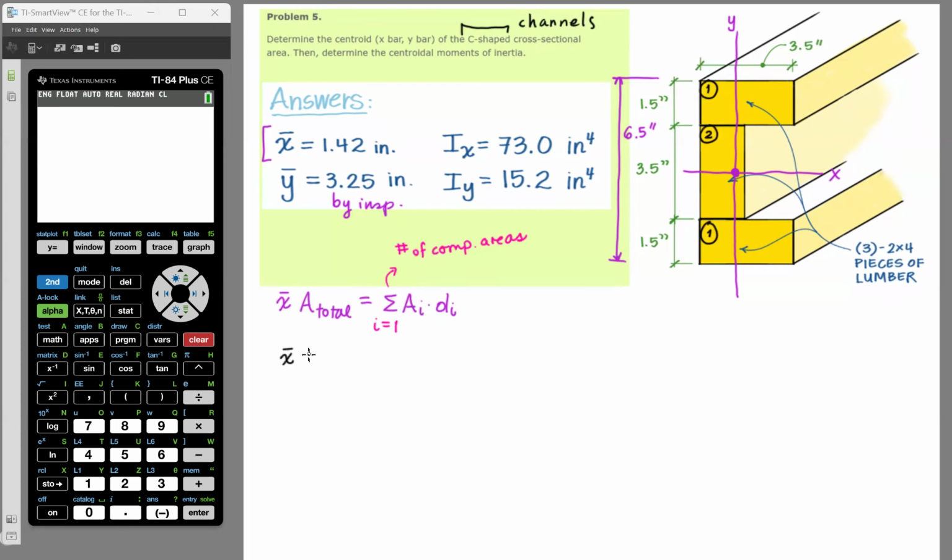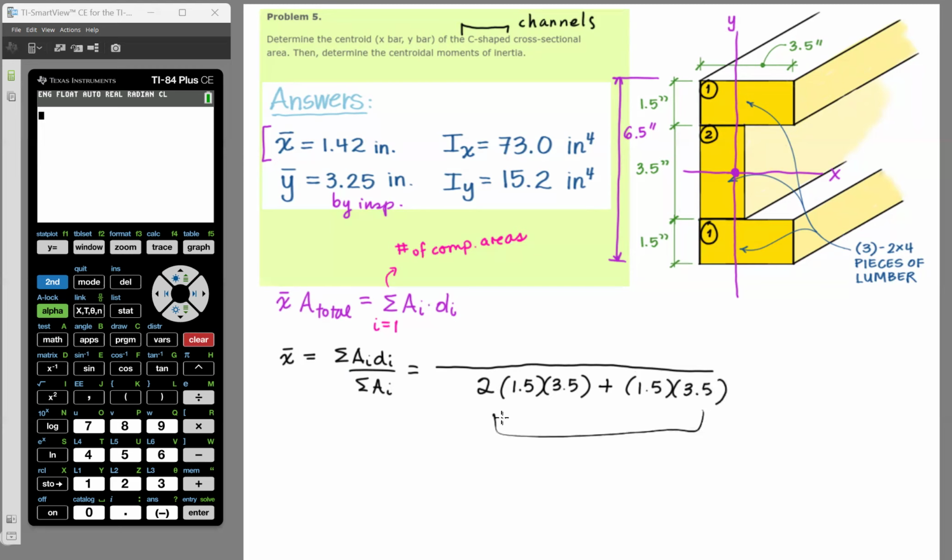X bar equals, so the denominator is going to be a little easier. I'm going to say quantity 2 times area 1, which is 1.5 times 3.5, plus quantity 1, area 2, 1.5 times 3.5.